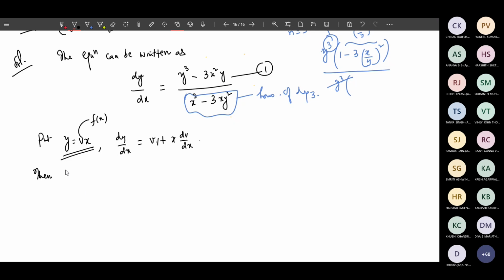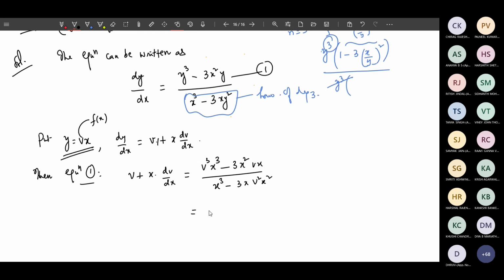So then equation 1 becomes: the left hand side of equation 1 is dy by dx, that means v plus x times dv by dx. On the right hand side, y cube stands for v x cube, so v cube x cube minus 3x square times vx, upon x cube minus 3x times y square, which is v square x square.